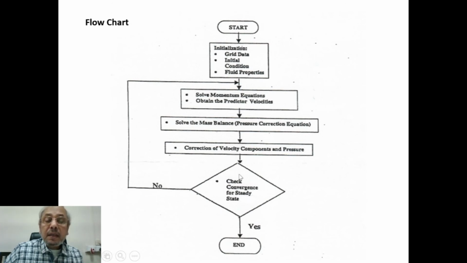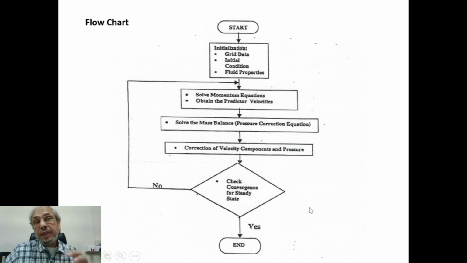And here we check the convergence for steady state. If it has reached steady state, we have obtained the final velocity and the pressure field. If it has not converged, we will repeat the calculation.